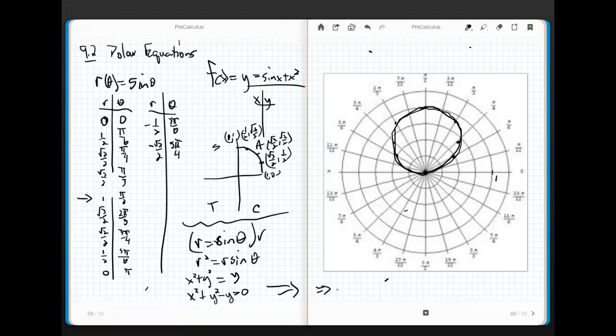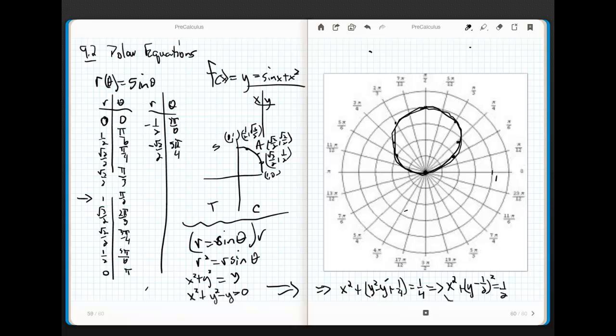If I do a little completion of the square a la algebra 2, won't I end up with x squared plus, if I go half the b term and square it, that's going to be a fourth. So I get y squared minus y plus 1/4 equals 1/4, which implies x squared plus (y minus 1/2) squared equals 1/4.